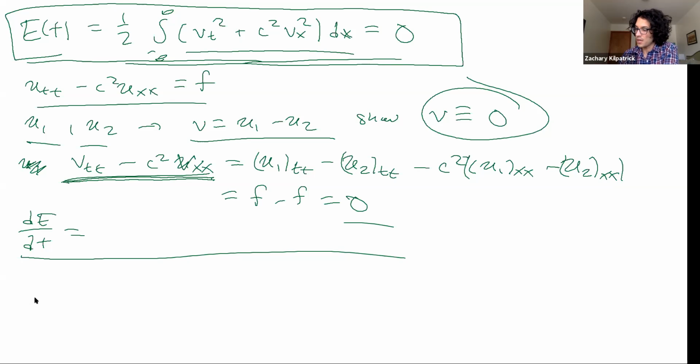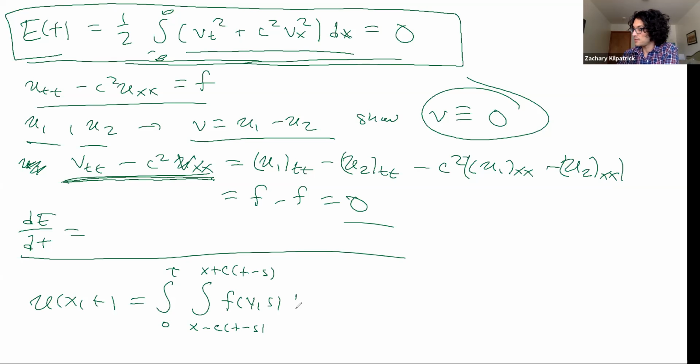So that's Duhamel, right? So u(x,t) is equal to the integral from 0 up to t, integral from x minus c(t minus s) to x plus c(t minus s) of this f(y,s) dy ds, right?